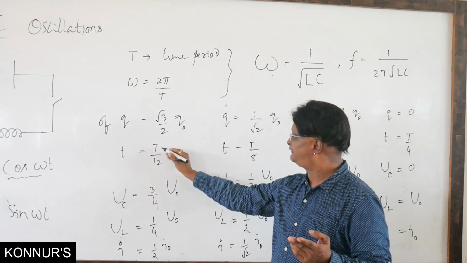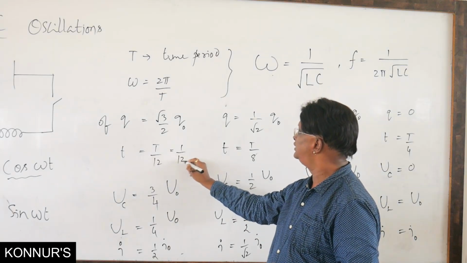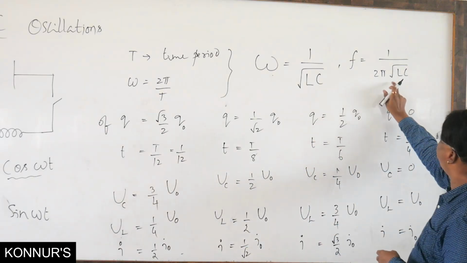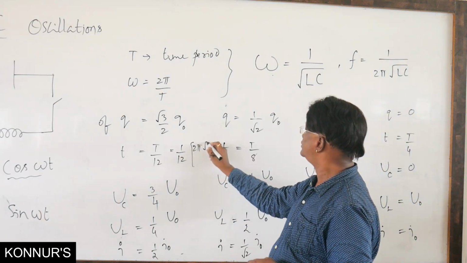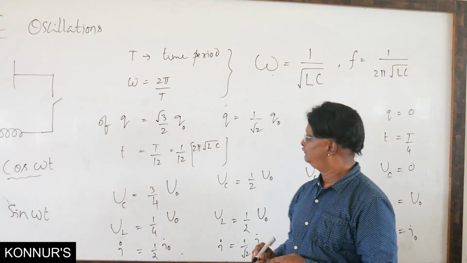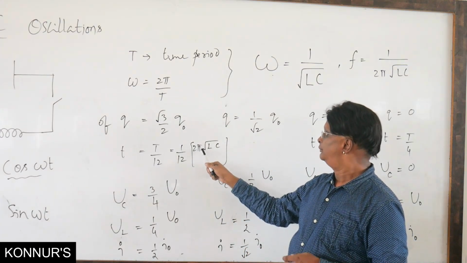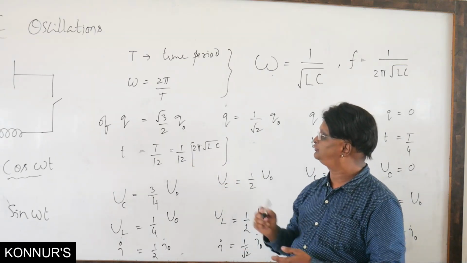Now supposing I have to write T by 12, what is this T by 12? This is 1 by 12 of the value of T. T value is 2 pi root LC, which will get us pi root LC by 6. So substitution for T also I have shown.